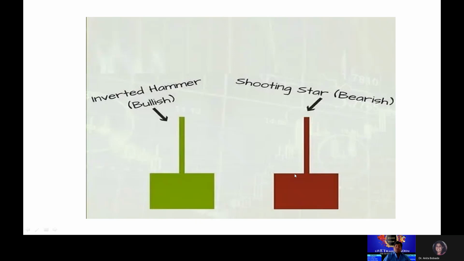It means that the stock might have opened somewhere around here and closed around here. In this case, the stock might have opened up here, gone up here and closed down. So basically, it's an inverted bullish hammer pattern, and it indicates that the next trade the stock might just go up. While in the case of a shooting star, it has to go down in this case.